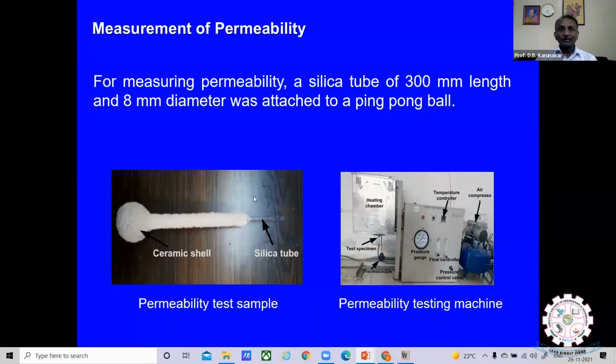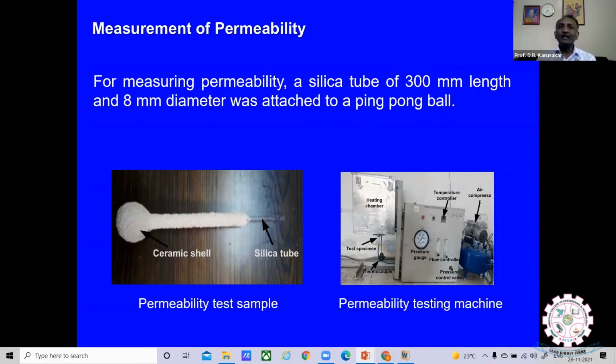For measuring the permeability, we have taken this silica tube of 300 millimeters length, and the ping pong ball. We have attached this silica tube to a ping pong ball, and around this we have given a ceramic shell coating as usual.